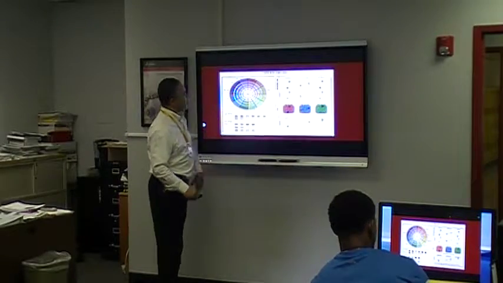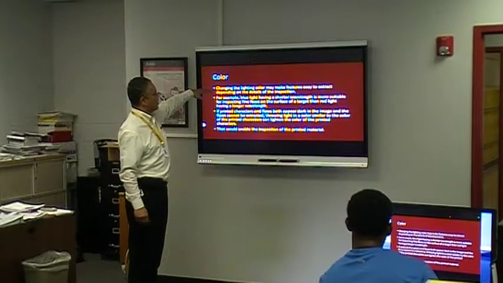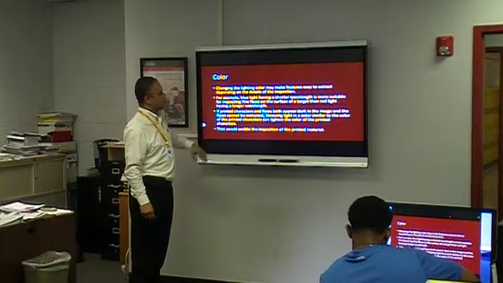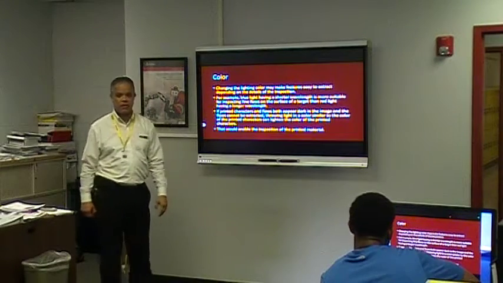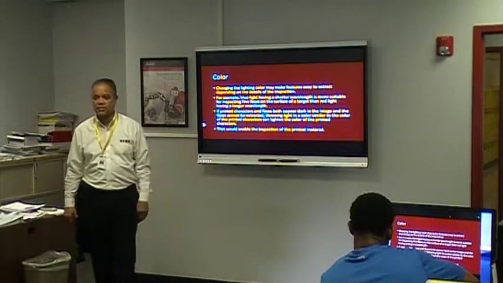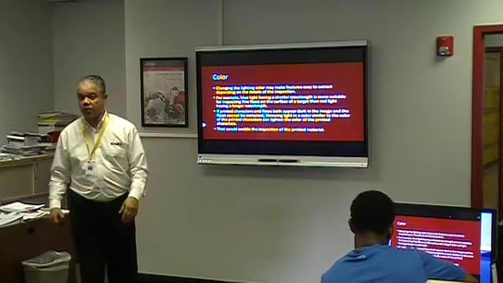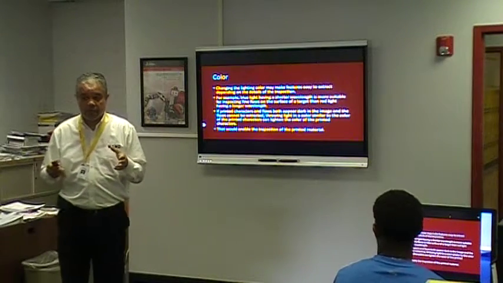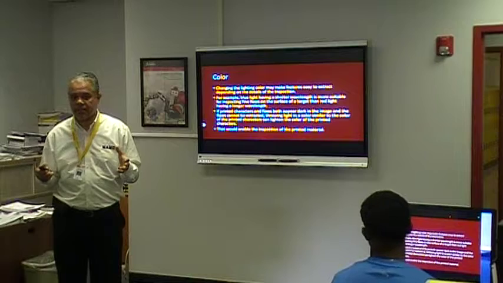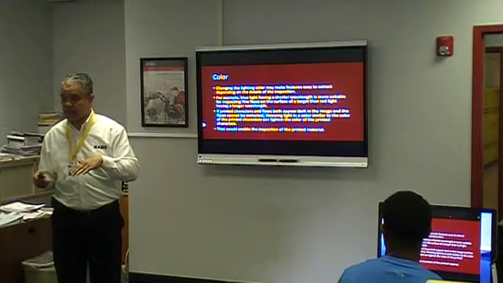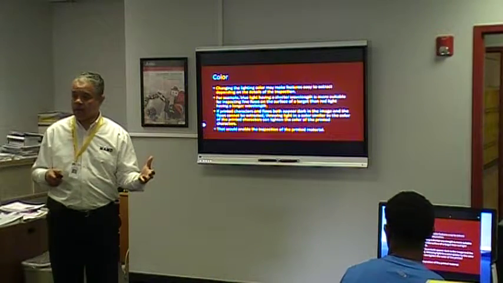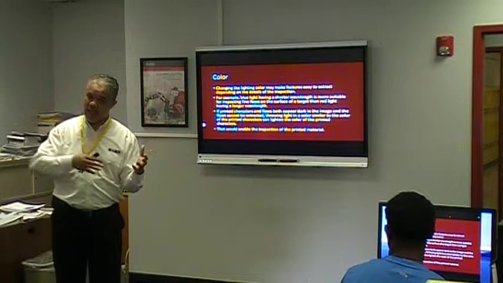The unique thing about this is that changing the lighting color will make features easy to extract depending on the details of the inspection. So, if we are looking at a piece of a part that needs to be inspected, and it's a certain color, you can use the same color.